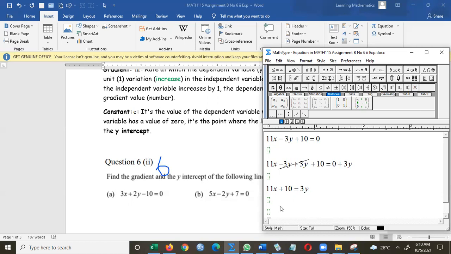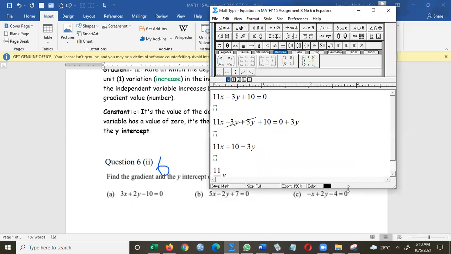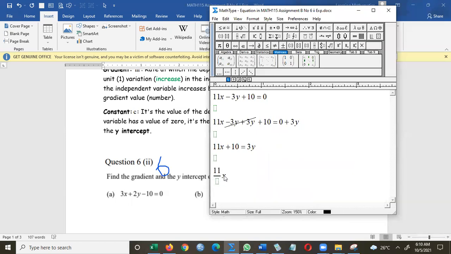Each term, the 11, we have to divide by 3. We have to divide the 10 by 3. And the 3 from the y, we divide 3 by 3. We divided the entire equation by 3 to cancel out the 3, so we can get 1y.